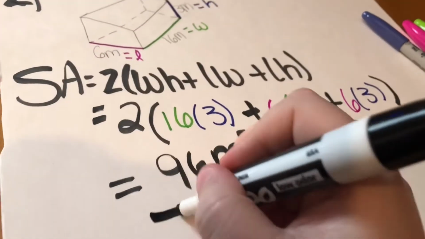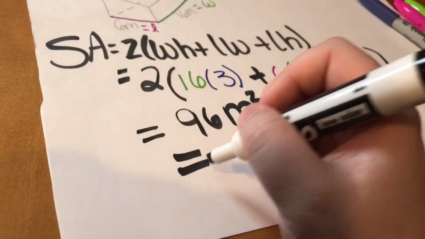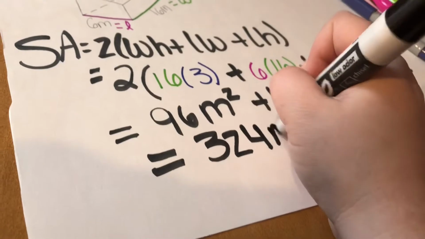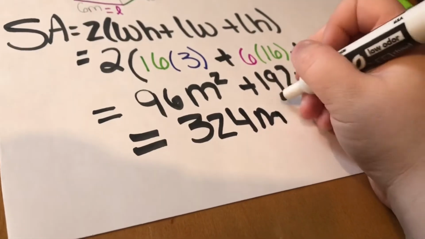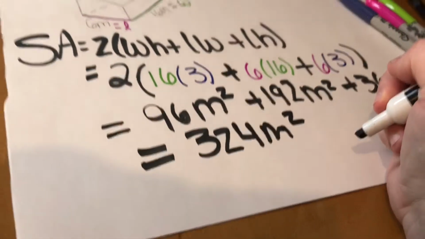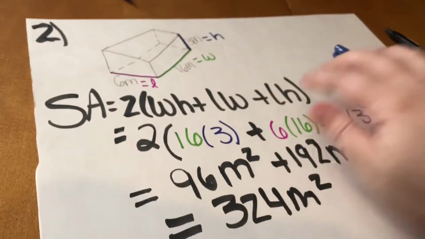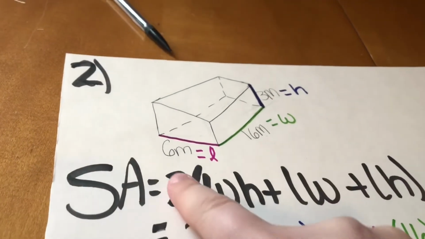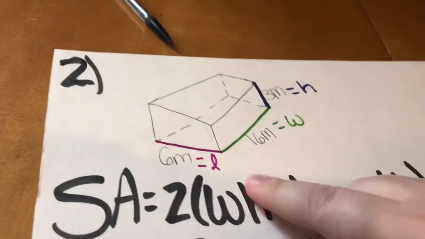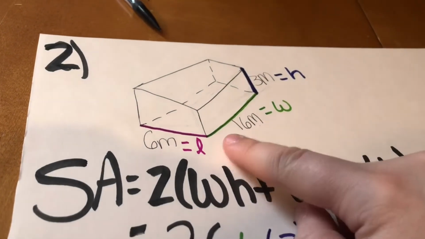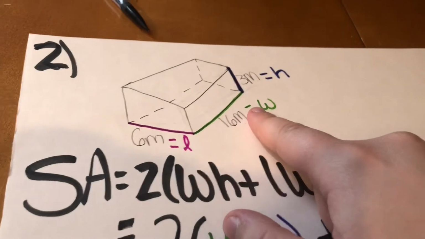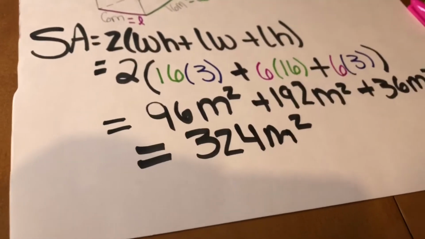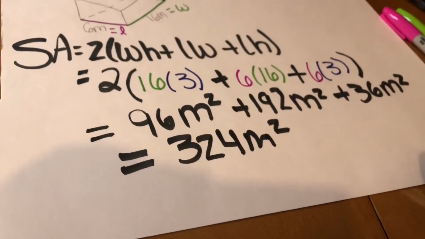Once you add all of those numbers together, you end up with 324 meters squared. So, like we said, 6 meters is our length. Our width is 16, and our height is 3. And then our final answer should be 324 meters squared.